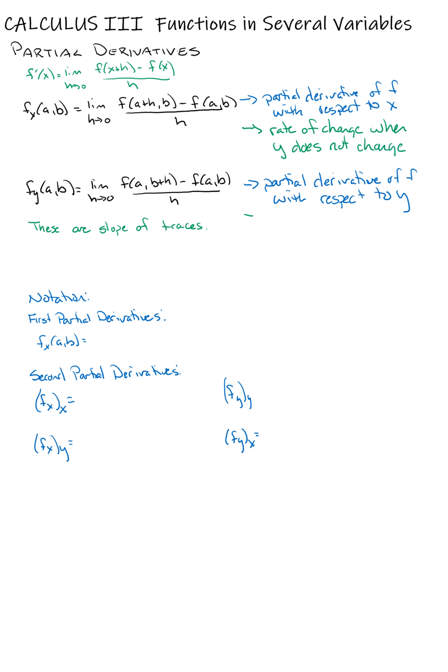Whereas in this one, it's the rate of change when x does not change. So x is constant when we're taking the partial derivative with respect to y. These are both considered the slope of traces. Actually, we should say slopes of traces. This gives us the slope values of those traces, if you remember what a trace is on those graphs.